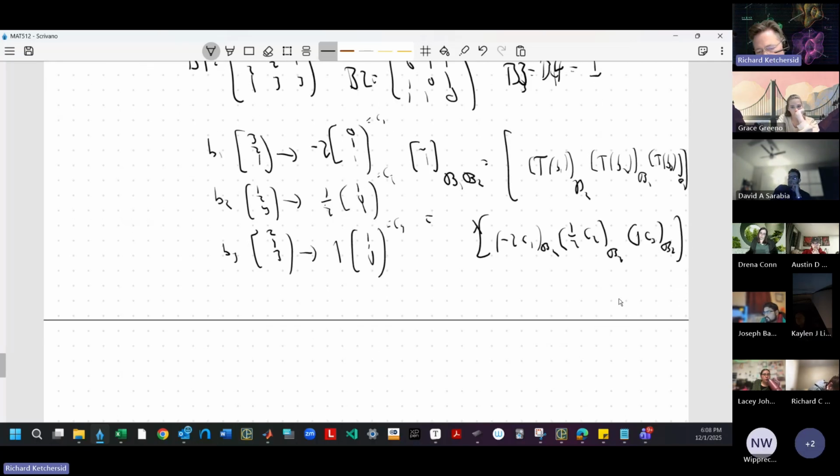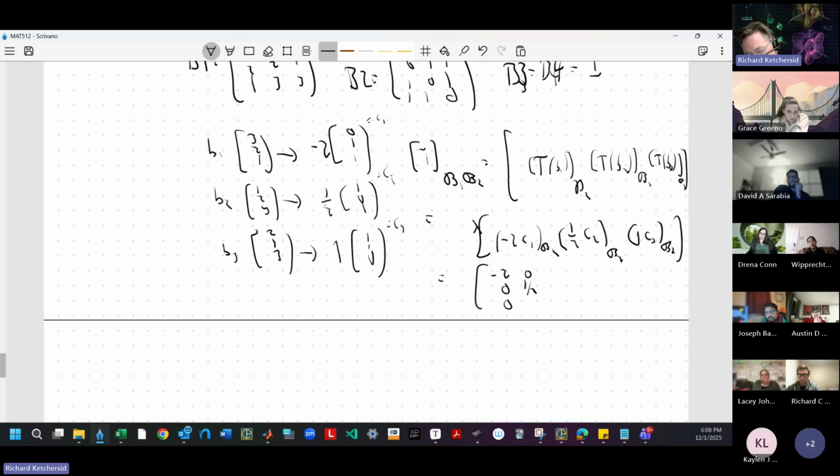But what is C1 with respect to B2? Well, it's 1, 0, 0, because it's one of these, none of those, and none of those. So this is -2, 0, 0. And this one is 0, 1/2, 0. And this one is 0, 0, 1. So that's my matrix going from B1 to B2.